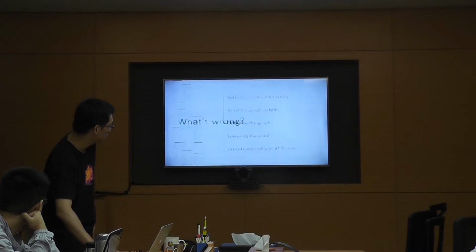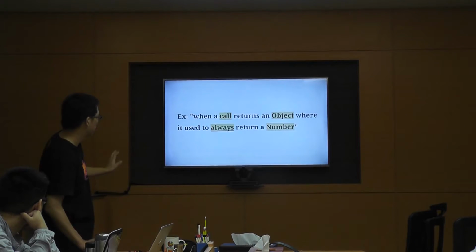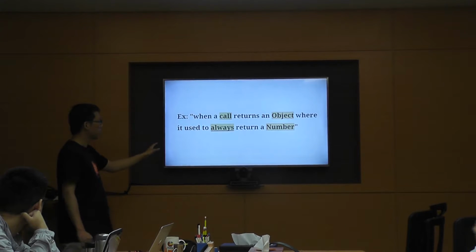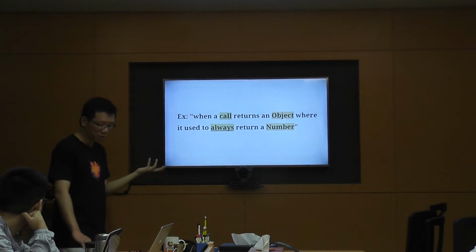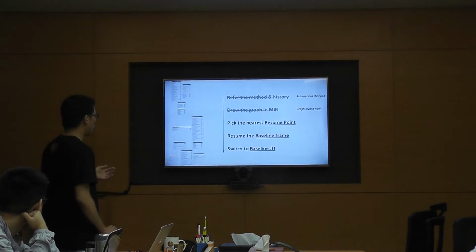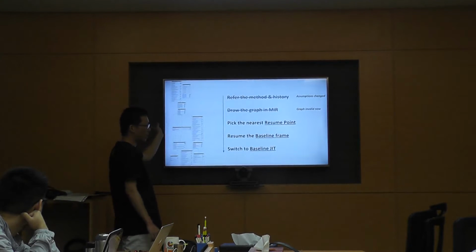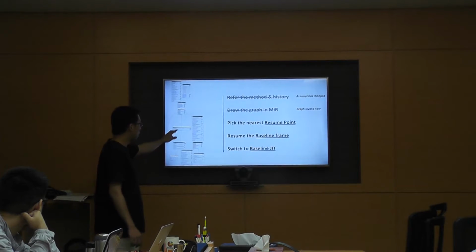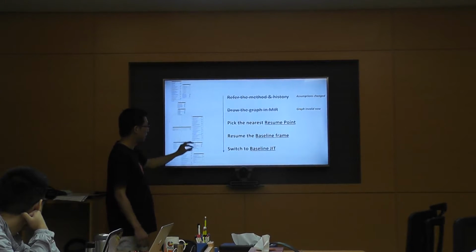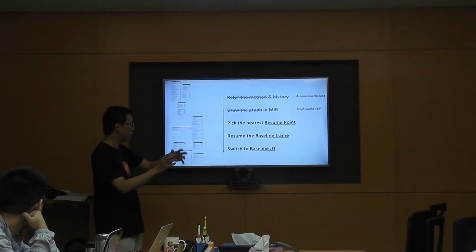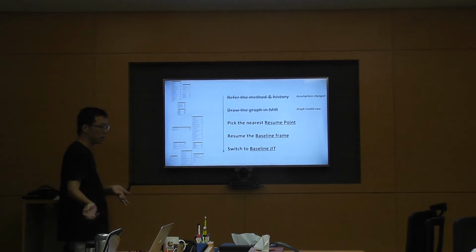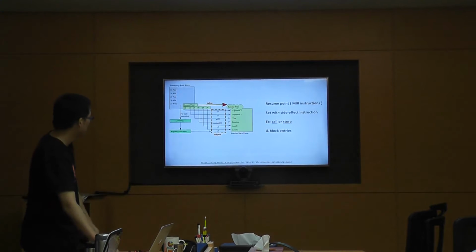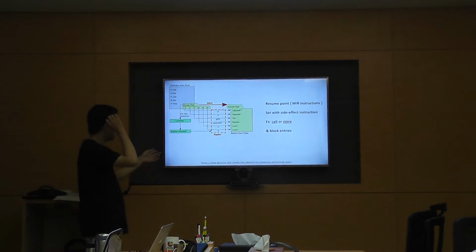But when things go wrong, for example, when a function usually returns a number but now returns an object, there must be something wrong. So IonMonkey will try to discard the whole graph it compiled and generated, pick one resume point nearby, rebuild the frame the baseline needs, and switch to baseline.